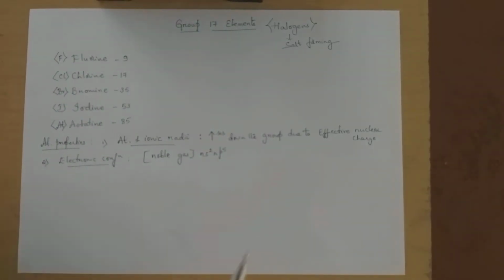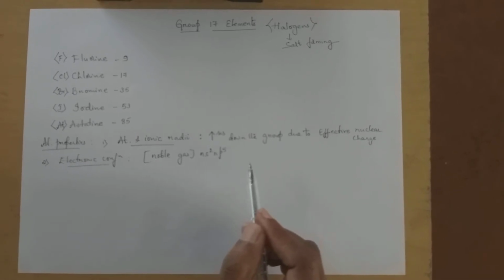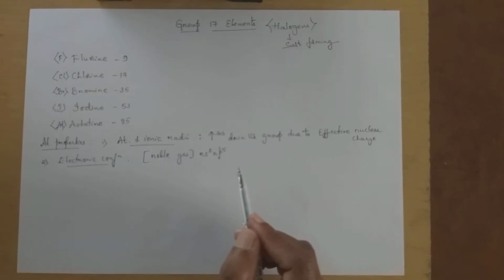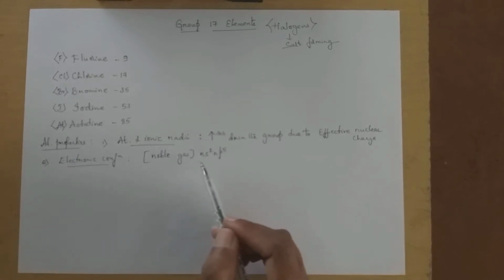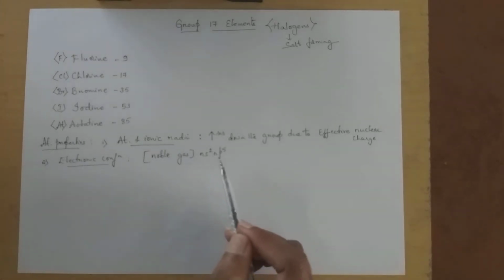So exactly what happens is, just one electron more would be the complete or octet electronic configuration. Clear? So group 18 is the noble gas, and right before that is group 17. So obviously there is a one electron shortage to get octet configuration. Clear? So the general electronic configuration of group 17 elements is noble gas ns2 np5.